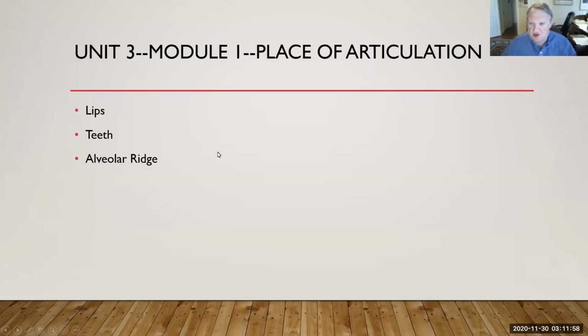Let's do these with a little bit more description. The lips, as I said, coming together to form a P, a stop. The teeth involved in several sounds, the labiodentals, f and v, and the interdentals, th and the. The alveolar ridge, remember, the most popular place. Lots of sounds occur there.